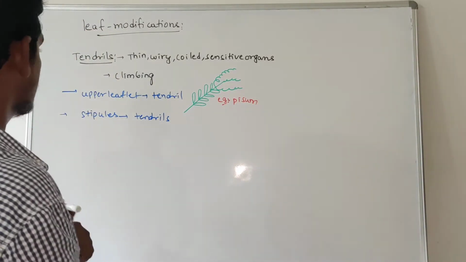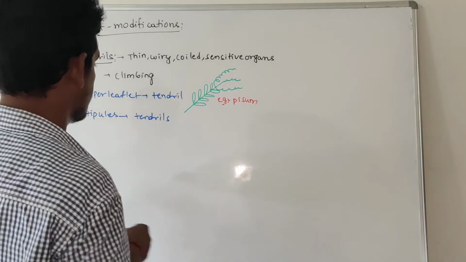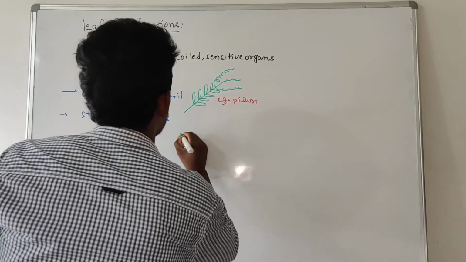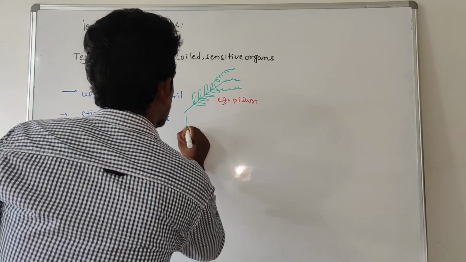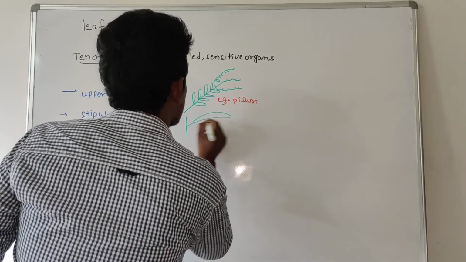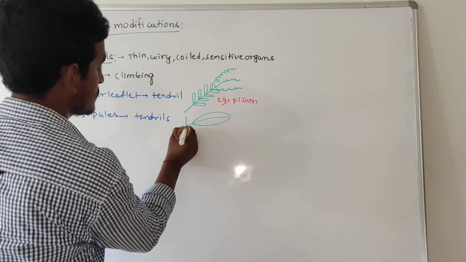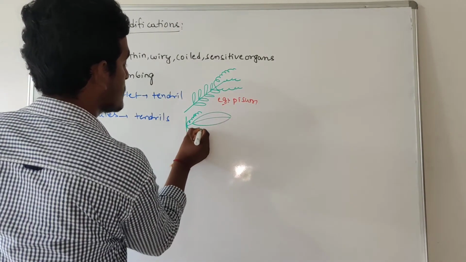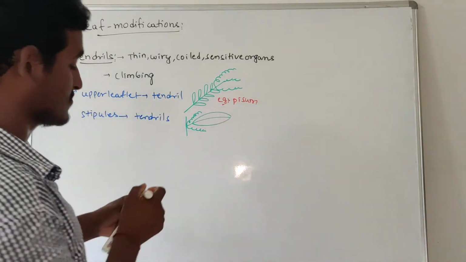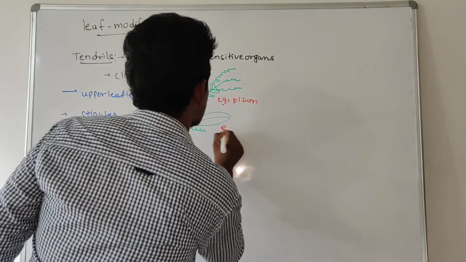See, the example for that is smilax. It is a leaf and it is the leaf base. Here these are the stipules. The stipules are modified into tendrils. The example for this one is smilax.